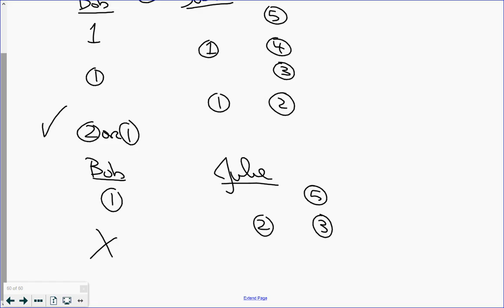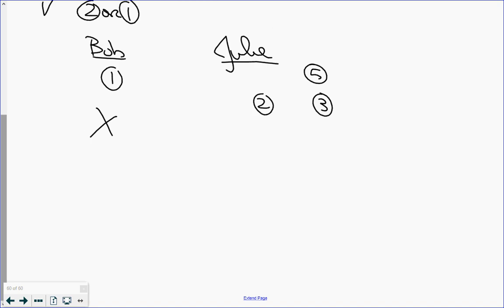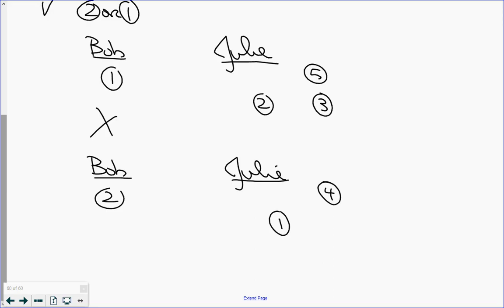And it said, what should he do to guarantee that he wins? So maybe he has to take 2 to guarantee a win. If Bob takes 2, that leaves 4 marbles. If Julie takes 1, that would leave 3 marbles. No, that's not going to work either, right?